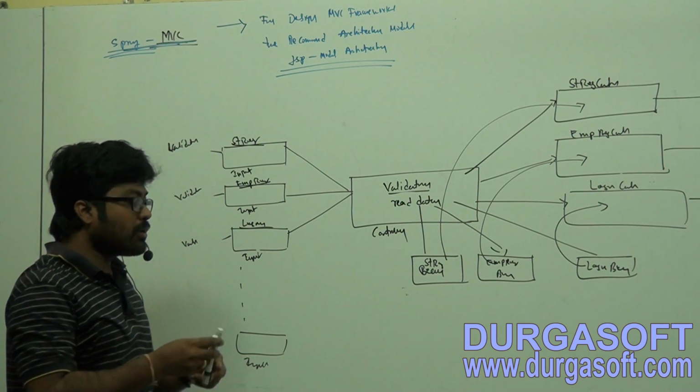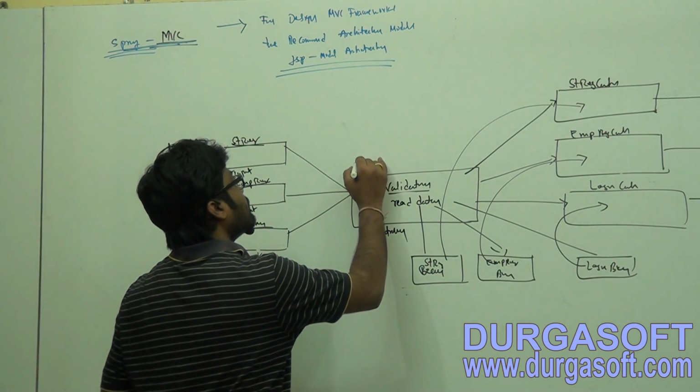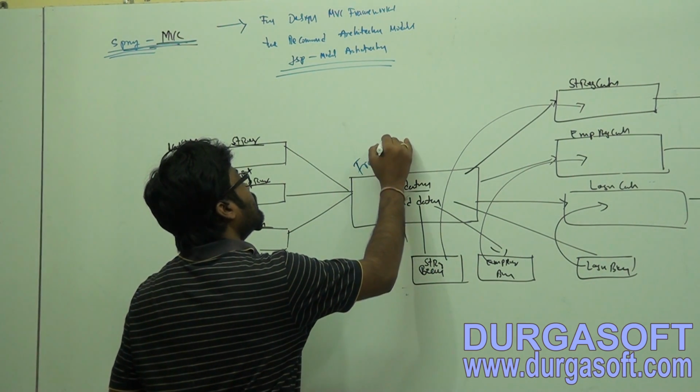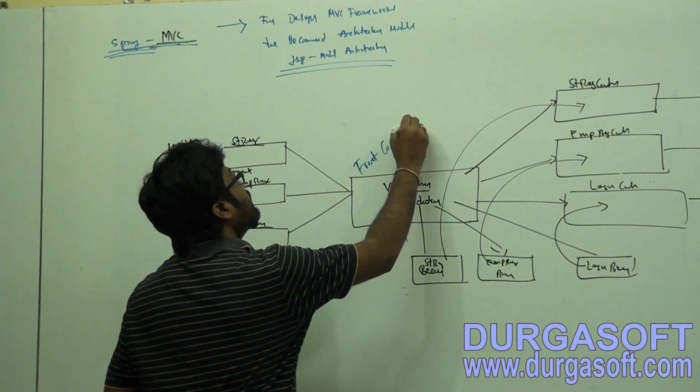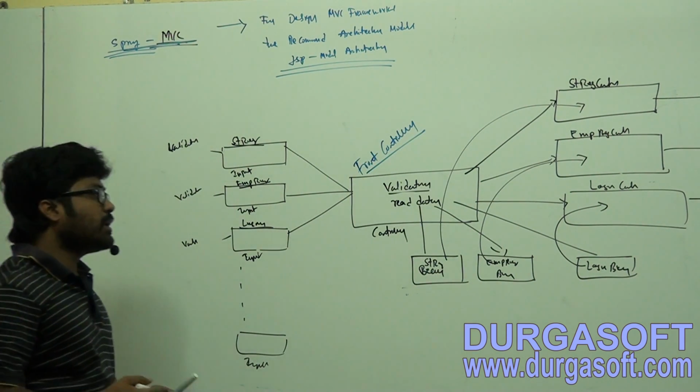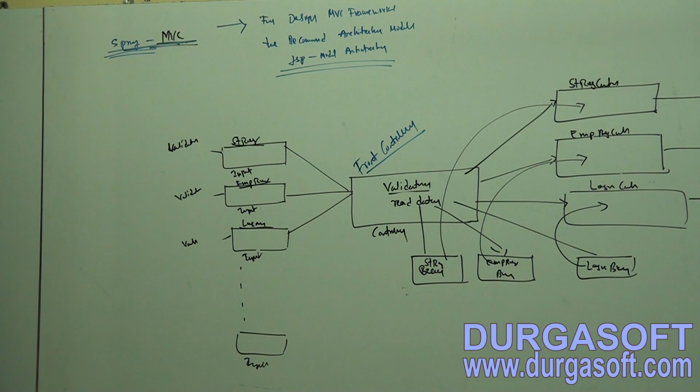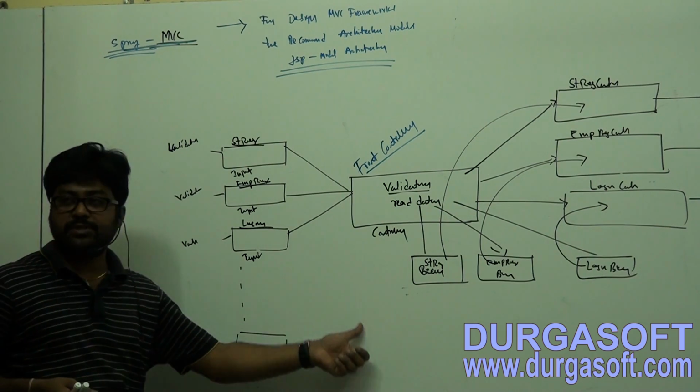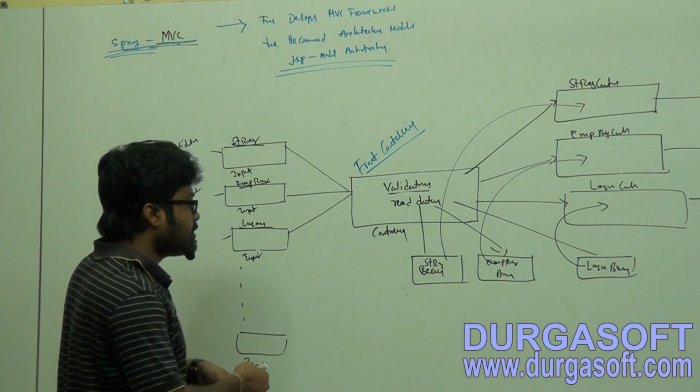You can call that controller a front controller. You need to write common required operations under the front controller. Under the controller part we can write JSPs.